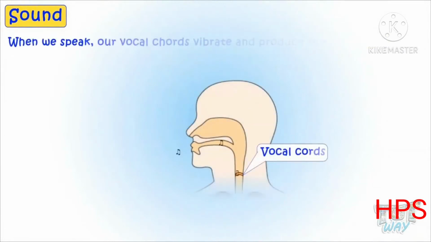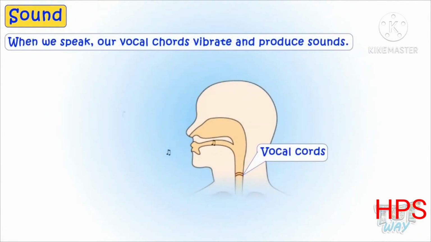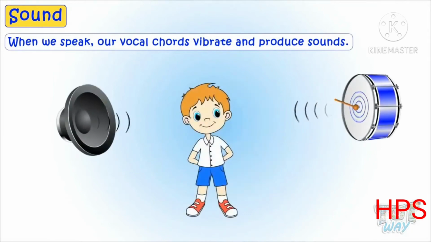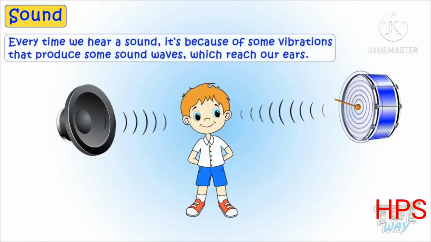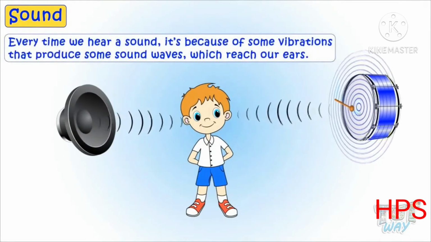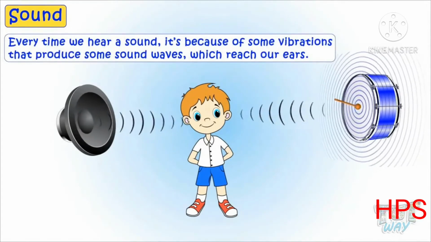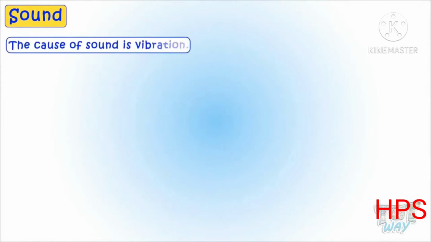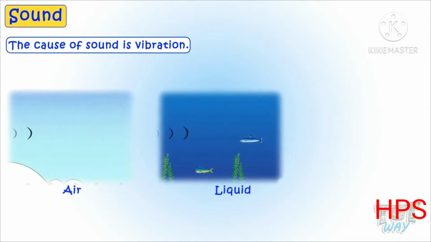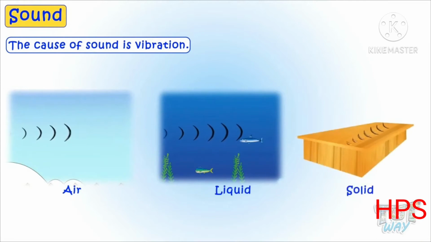When we speak, our vocal cords vibrate and produce sound. So every time we hear a sound, it's because of some vibrations that produce sound waves which reach our ears. So the cause of sound is vibration, and it can travel through air, water, liquids and even solids.